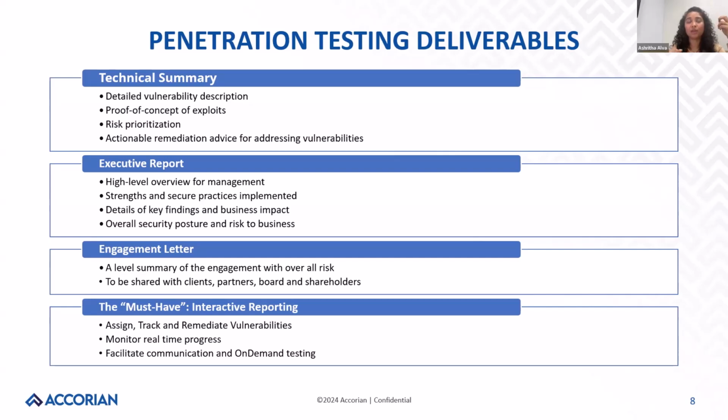The impact could be critical based on what kind of low risk issues you identify as well, and overall security posture and risk to business. So these are very valuable for management to ensure that any decision they make regarding security, could be buying new security devices or implementing any policy, should be driven by the data that is present.